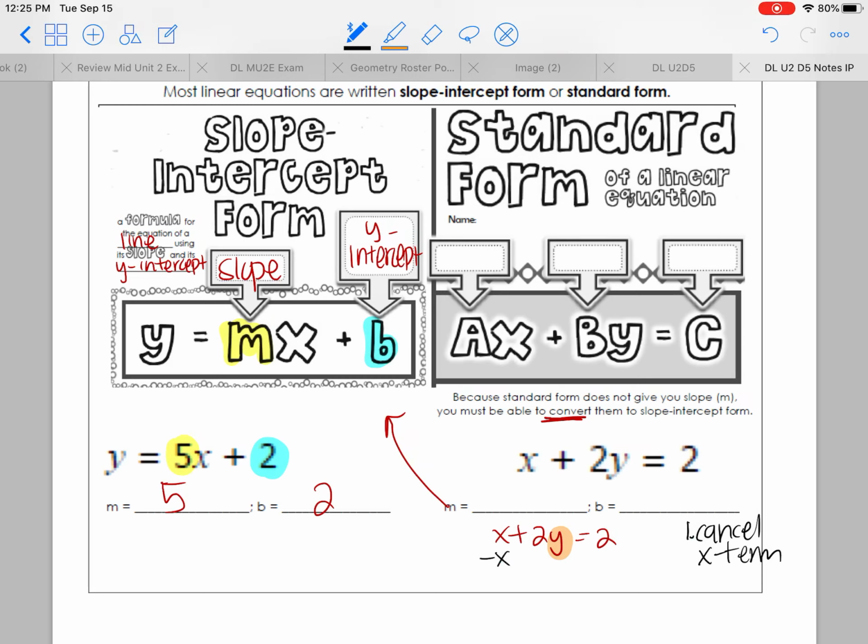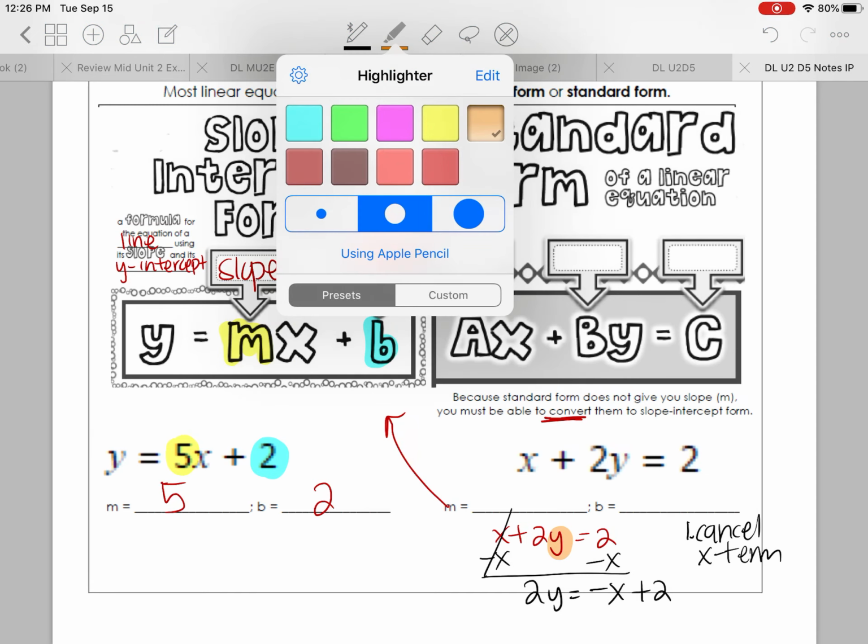To cancel the x term, I'm going to subtract x on both sides. That cancels it on the left so that I have y by itself. And notice negative x plus 2, I'm just going to list them horizontally because these are not like terms and we cannot combine them. Again, we are solving for y.